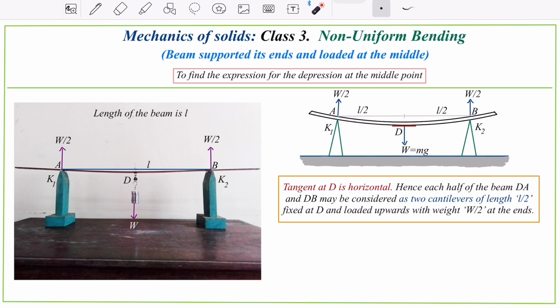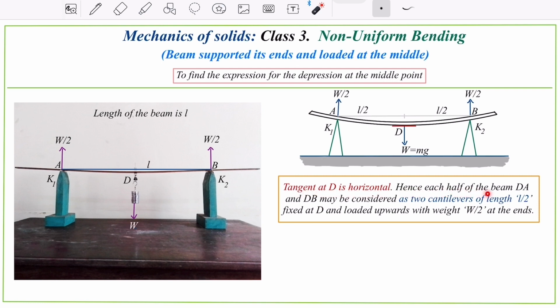So we can conclude that each half of the beam, whether it is DA or DB, we can consider as a cantilever of length L by 2 fixed at D and loaded with weight W by 2 at the end. So what is our conclusion?